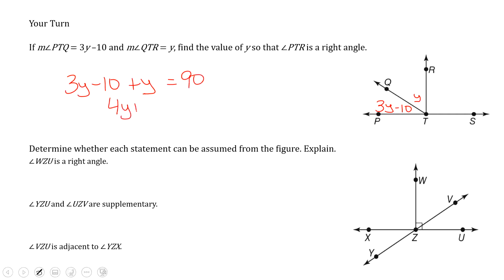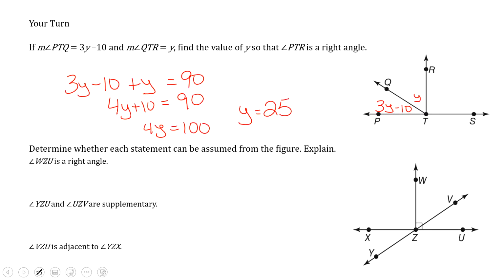So 4y plus 10 equals 90. 4y is going to equal 100. So y is going to equal 25. When y is 25, that makes PTR a right angle.